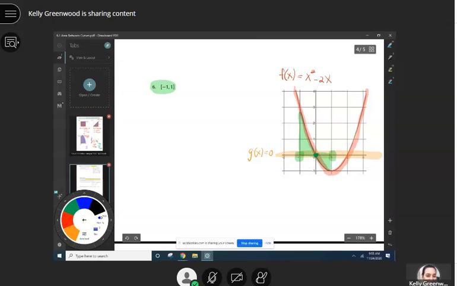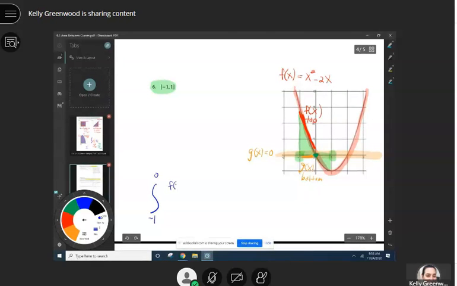So my first integral, f of x is on top. Oops, that's messy. F of x is on top, right there. And g of x is on the bottom. So I'd set up an integral from negative 1 to 0 with f of x on top.